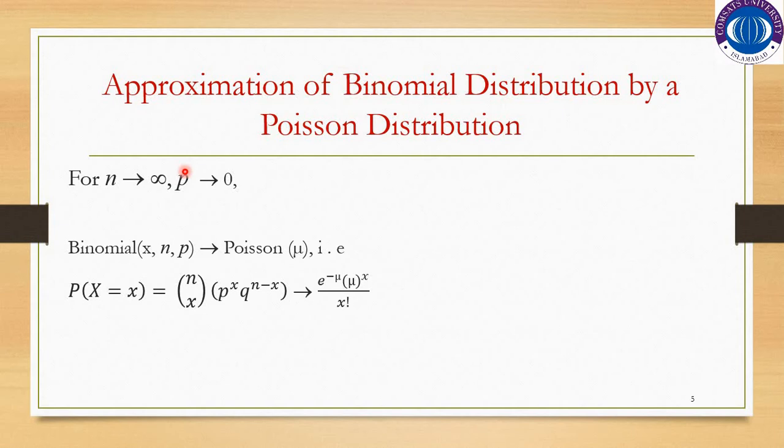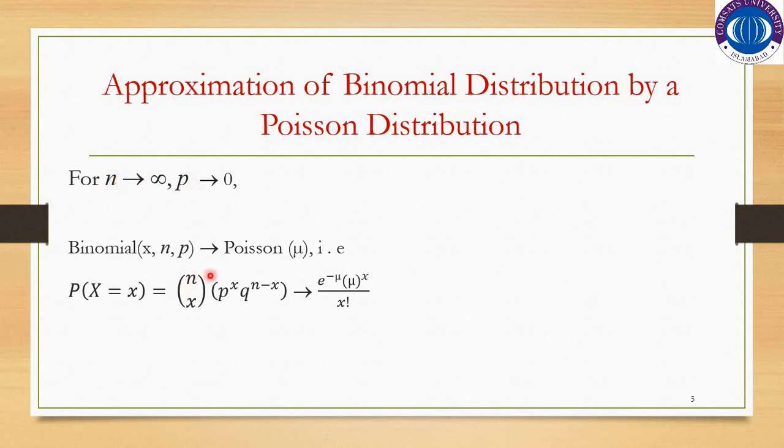Binomial distribution has four properties. The very first property was there are two possible outcomes, which we usually categorize as success and failure, and success is denoted by p. Number of trials is fixed, which we denote by n. All successive trials are independent, and probability of success remains constant from trial to trial.